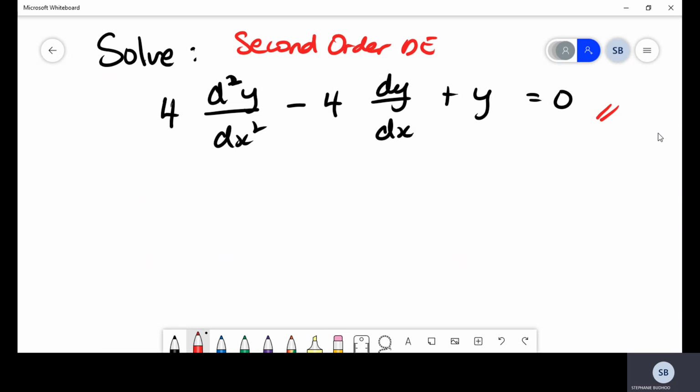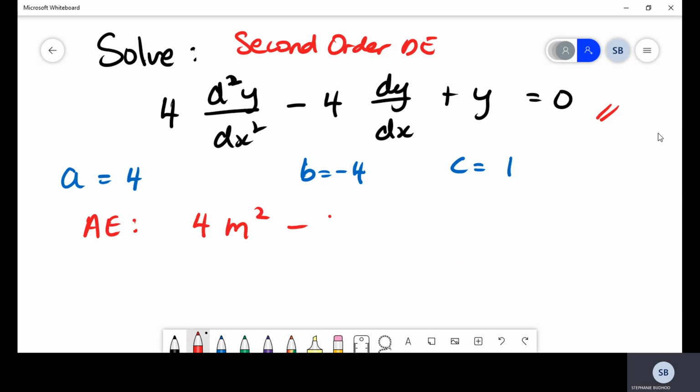To use it, we first state our values of a, b, and c. a has a value of 4, b has a value of -4, and c has a value of 1. Therefore, our auxiliary equation is 4m squared minus 4m plus 1 equals 0.